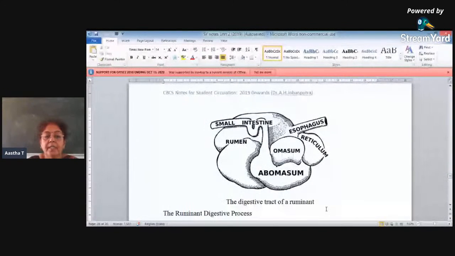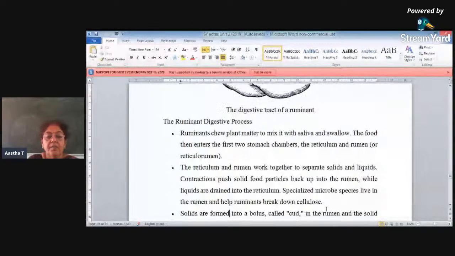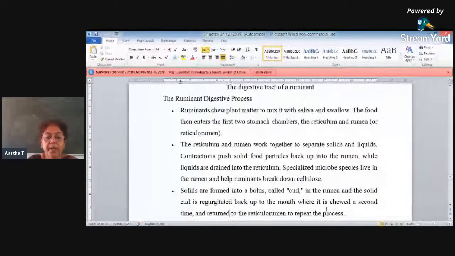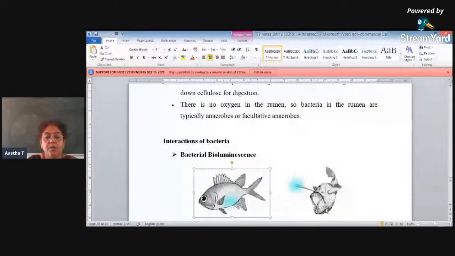Ruminant animals show a specific type of digestive system involving 4 parts of the stomach, that is reticulum, rumen, omasum and abomasum. So we saw how the food or cellulose is digested in their intestine with the help of cellulases.